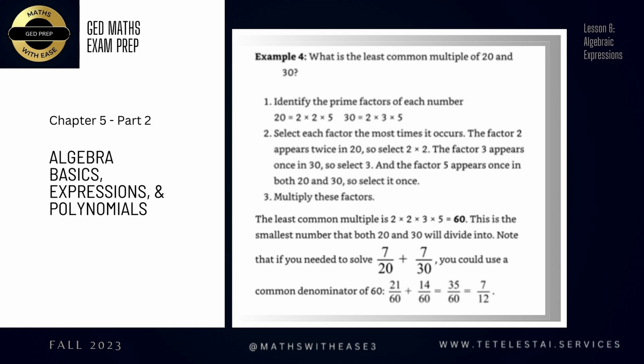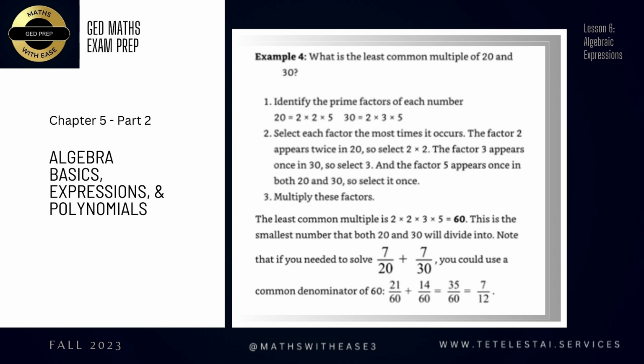So when I say in terms of their least common multiples, they now share a denominator of 60, right? Because we've gone through the exercise of finding the least common multiple of 20 and 30, we know that that's 60. So starting with your first term here, 7 over 20, we know that 20 goes into 60 3 times. 7 times 3 is 21.